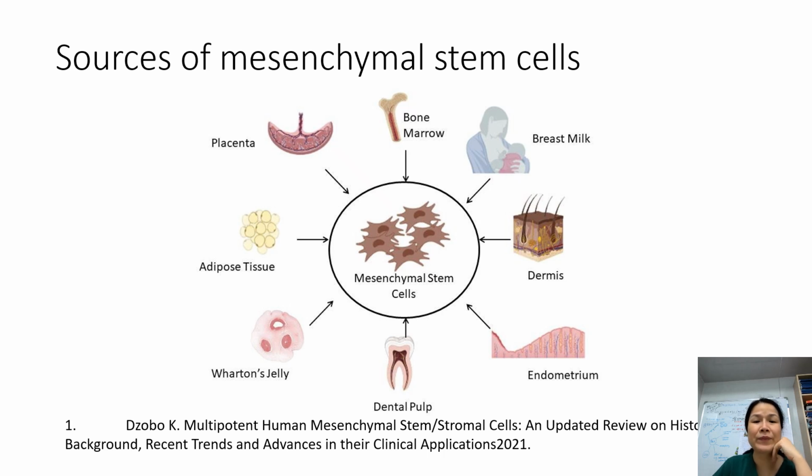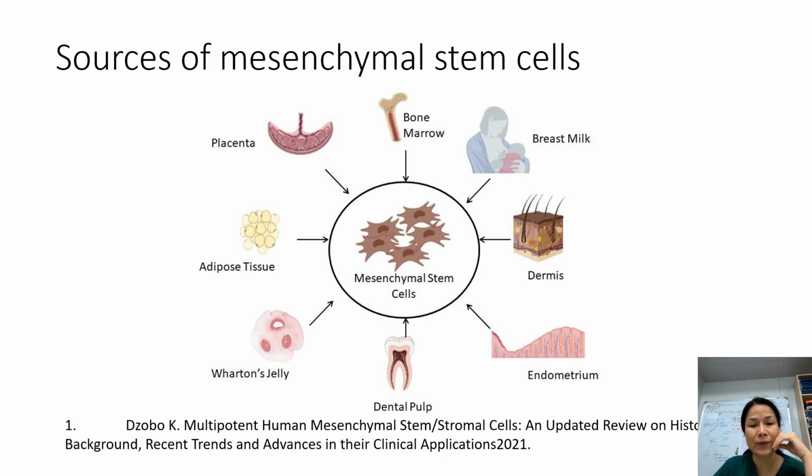For example, bone marrow, the traditional source of mesenchymal stem cells and hematopoietic stem cells. We found a lot in placenta and umbilical cord, and a lot in adipose tissue.